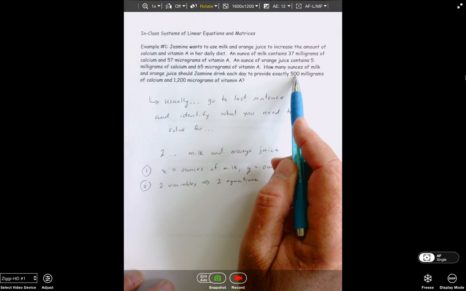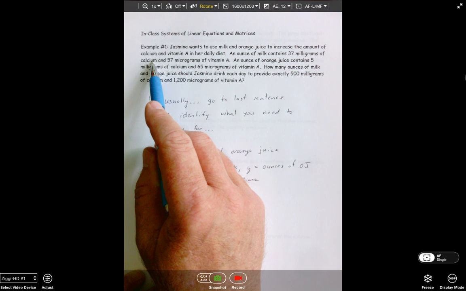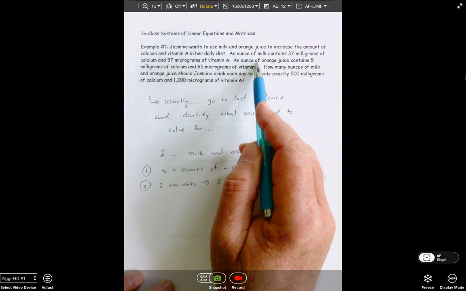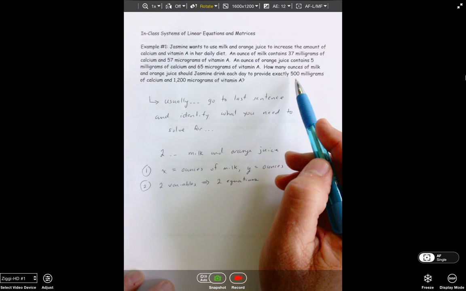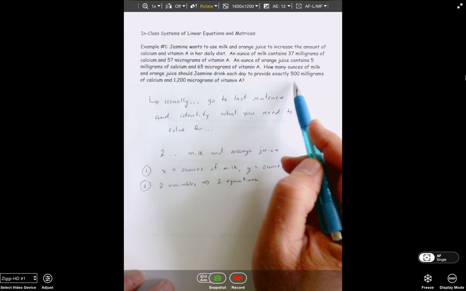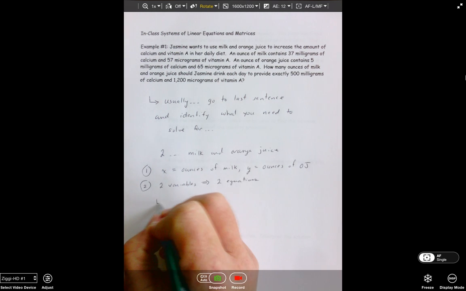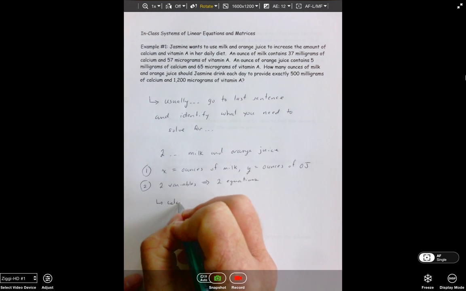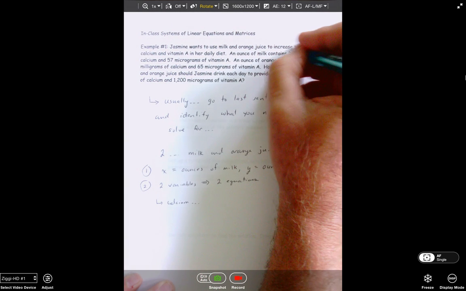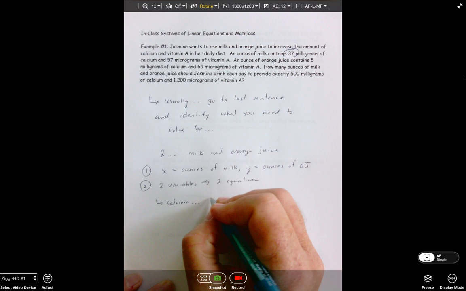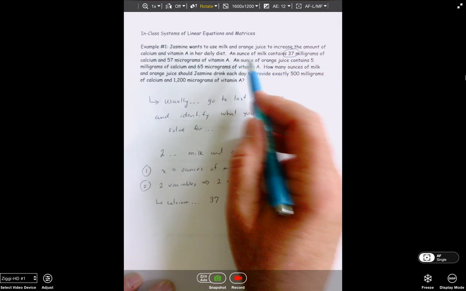So let's focus first of all on this 500 milligrams of calcium. I know the calcium from the milk plus the calcium in the orange juice has to be the total amount of calcium. So my first equation is going to be for the calcium. So I have 37 milligrams for each ounce of milk.